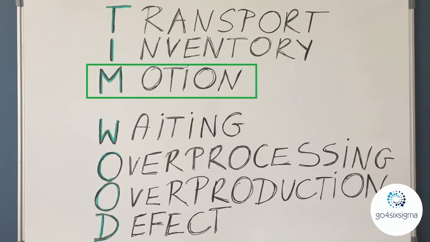The next waste is motion. Motion is about people. So transportation is movement of goods, and motion is about movement of people. Think about a warehouse or office, how often we go to other places. For example, in an office, think where the printer is located.